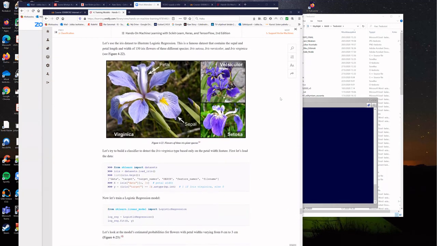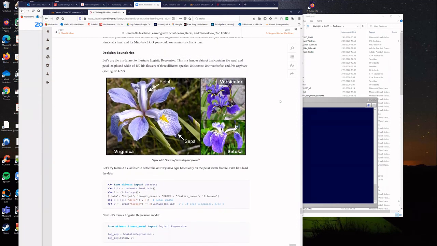So for example, here is an application of the logistic regression. This is a data set where the goal is to try to identify the iris virginica from these images.